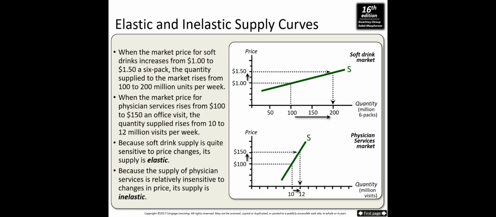When the price increases from $100 to $150, it is very hard to increase the number of doctors in the market, because they need long years of education. So the supply is not that responsive. Maybe some doctors will work overtime because the price is higher and they are making more profit, but you still cannot have a lot of doctors graduate from school when prices increase.